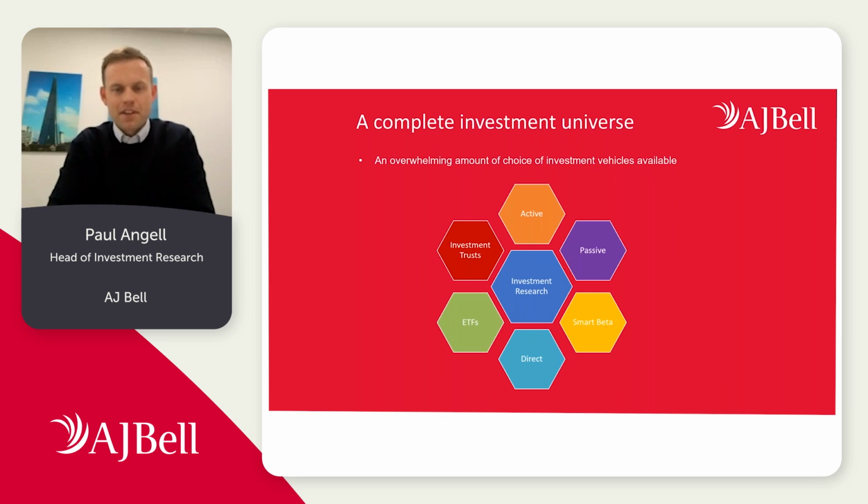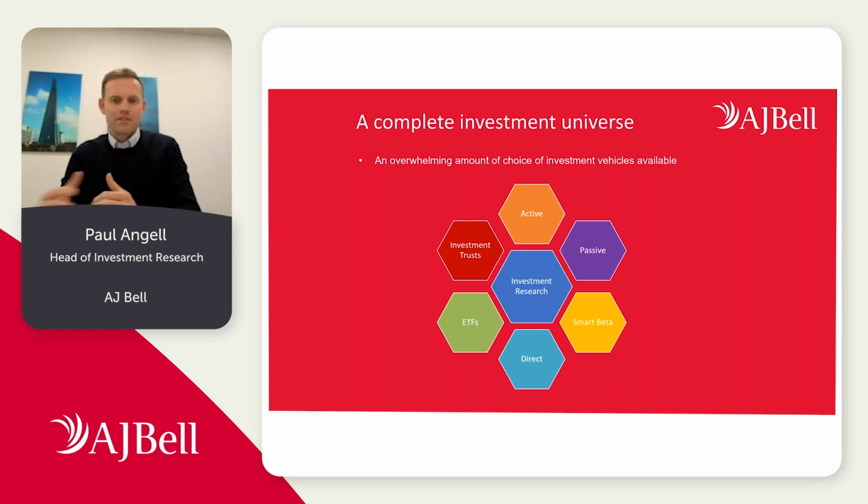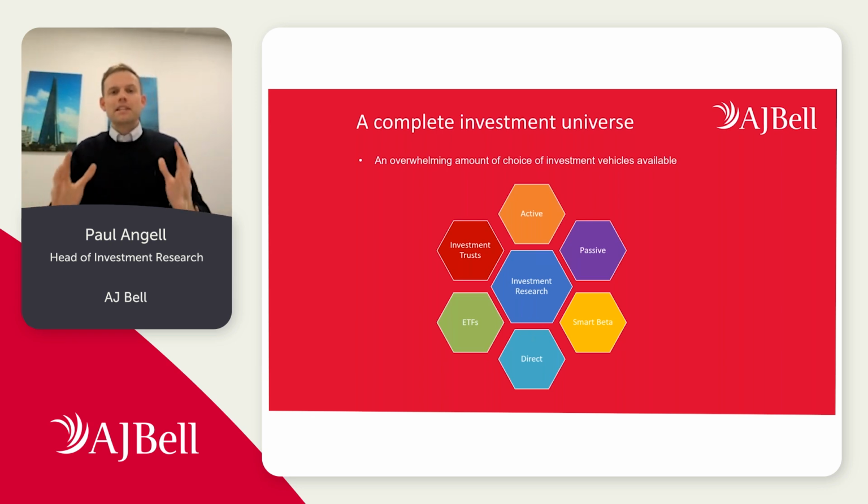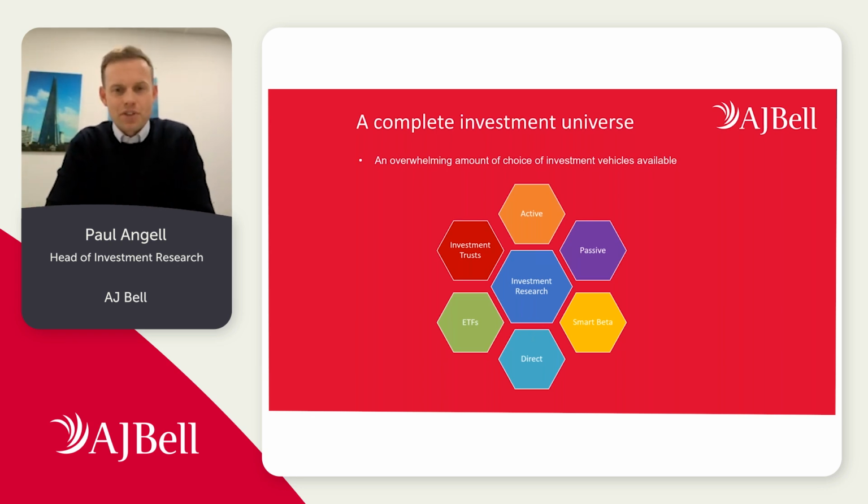You have the passive funds I've already mentioned. On top of that, you have smart beta funds, which we don't have time to go into this evening. You have direct equities and bonds, so just buying an individual company or individual debt instrument, and then you have ETFs as well, which again we've no time to go into today, but a huge array of potential investment vehicles to choose from.